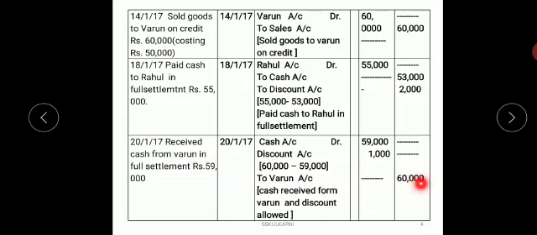Varun has to give us 60,000, but he is only paying 59,000 because we are settling it for 59,000, or allowing discount for Varun because of prompt payment or some reason. So cash account debit is 59,000. Since he has not paid 1,000, that is treated as discount allowed. So 60,000 minus 59,000 gives me 1,000. Next, Varun account is credited with 60,000. Narration: cash received and discount allowed.